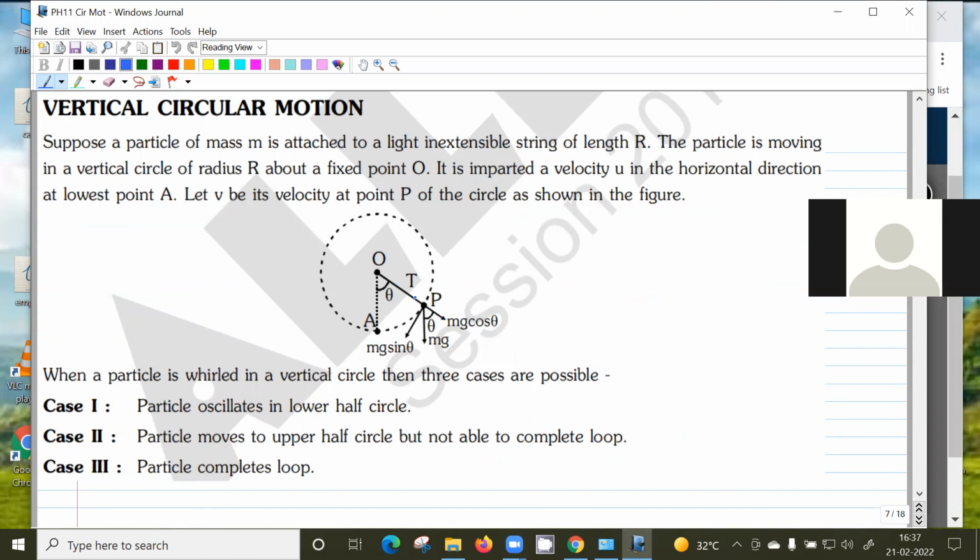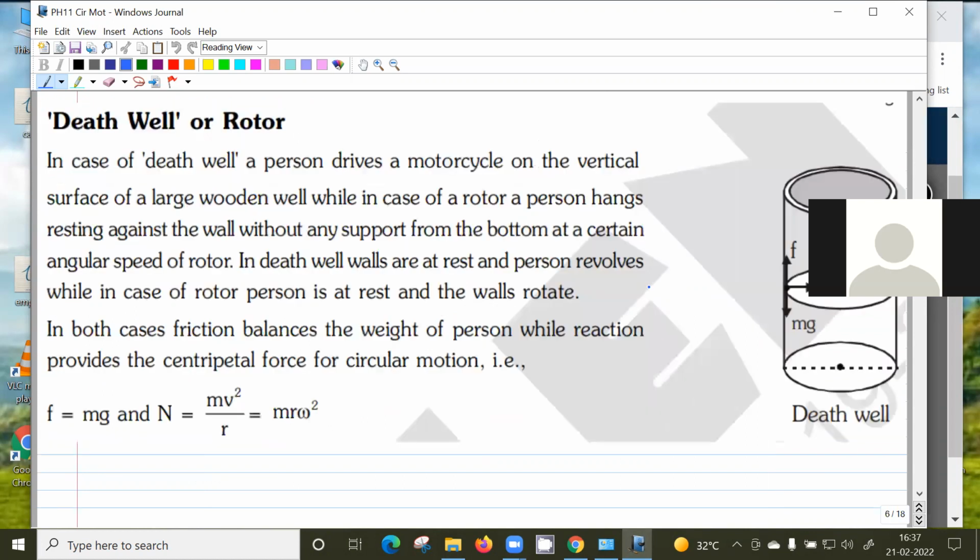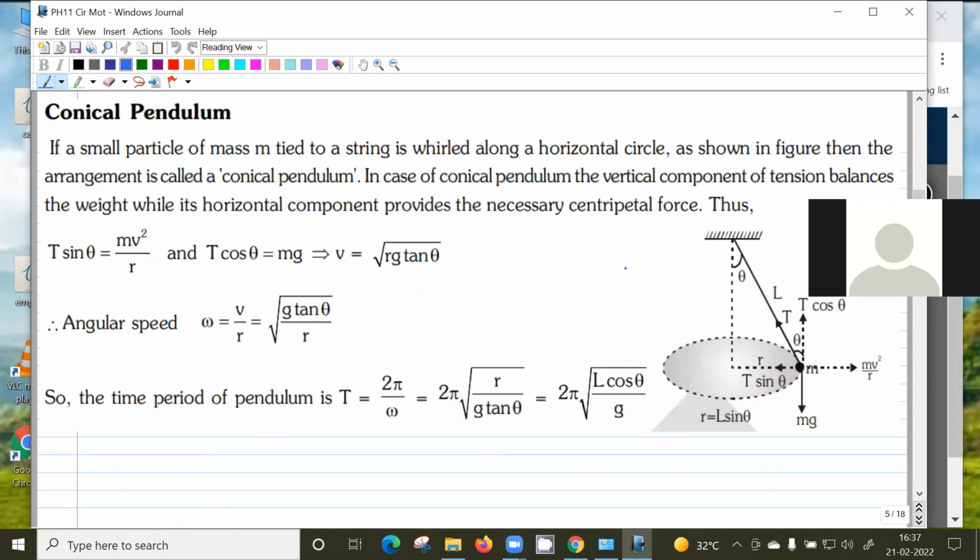Compared to the horizontal circular motion, here the tension in the string, will it be the same or will it change with time? This is horizontal circular motion, right? Because this circle is horizontal. The tension in the string, is it constant or changing? It changes with theta, sir.